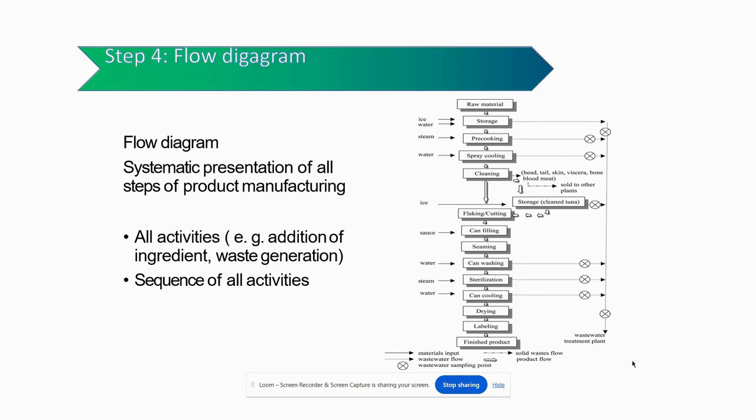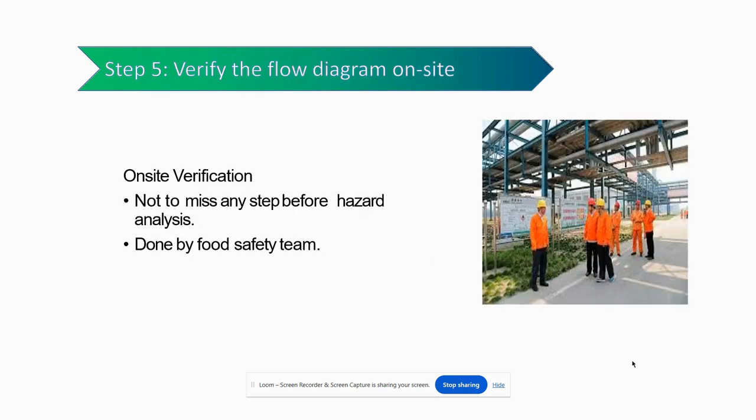After developing a process flow diagram, the HACCP team should go and do the on-site verification, whether the real manufacturing process is happening as per the process flow diagram already developed.